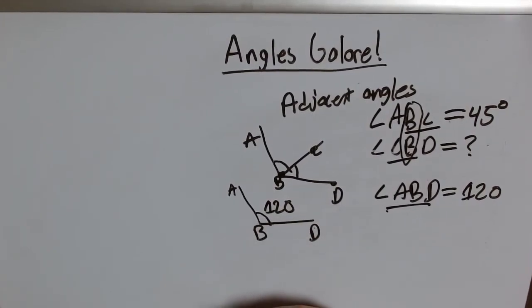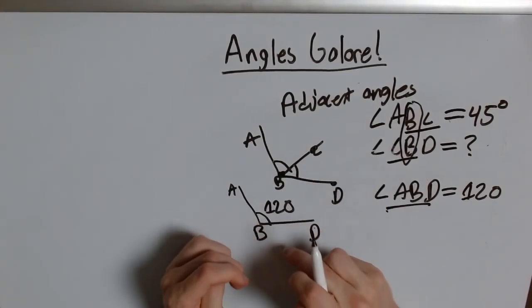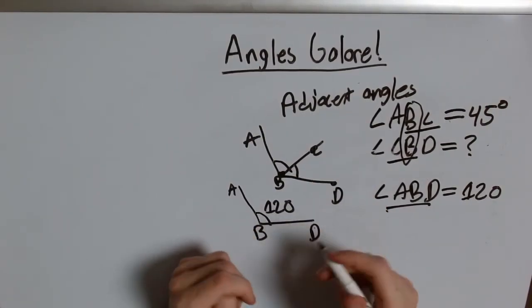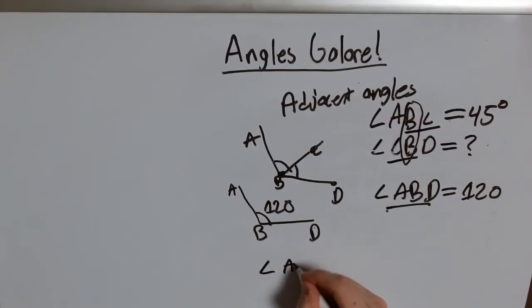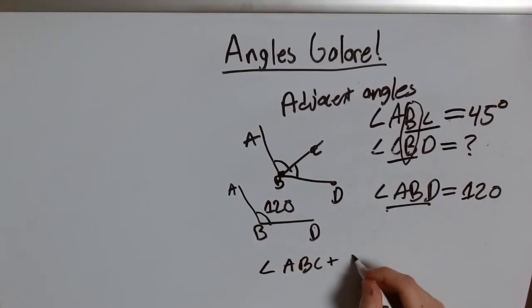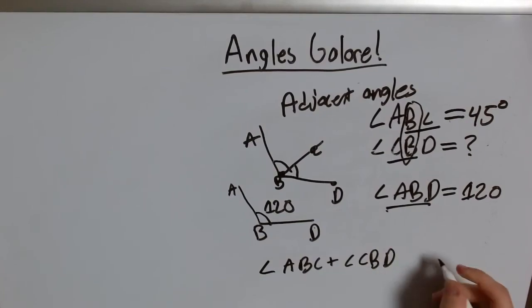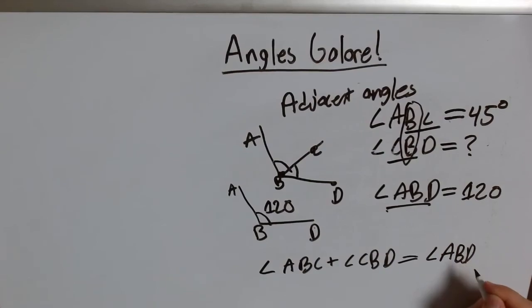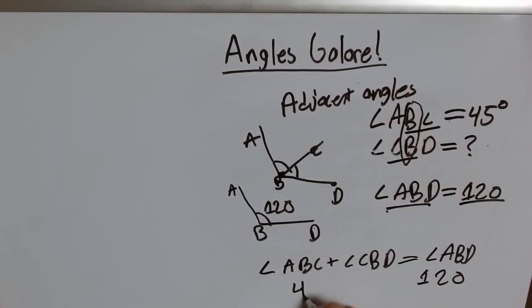So how can we use this? Well, we know that since these two angles make up this single angle, ABC plus CBD has to be equal to the measure of angle ABD. Well, I know this is 120, and that this is 45. We have an old algebra equation.